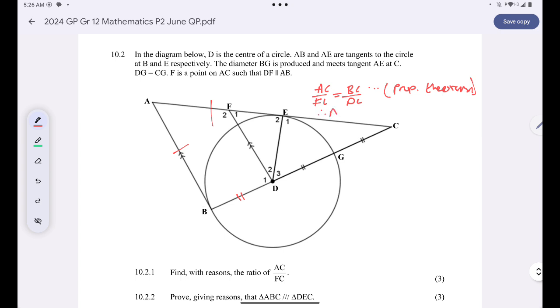So therefore AC over FC is equal to BC over DC. Please note that BC is 3 times the radius, which is DG, and DC is 2 times DG, which simply means that, because these will cancel, the ratio will be equal to 3 over 2. So I'll just write 3 over 2 here.